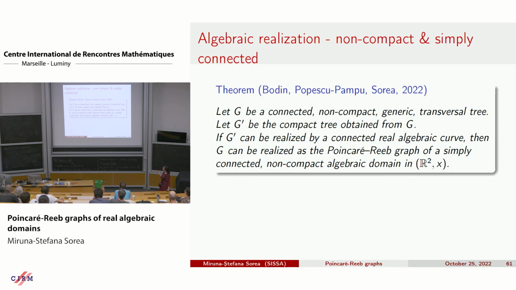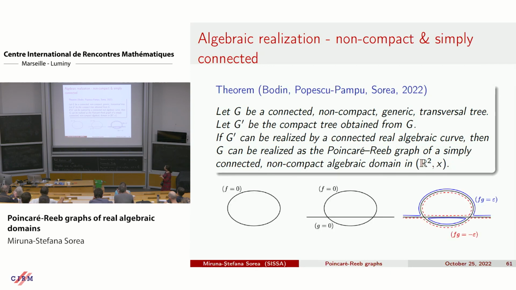In the case where you are given a graph that is connected, non-compact, transversal, by using the first result, we could also extend the realization theorem. But maybe the next picture can show you. The idea is that we want to add branches, and this is quite a classical idea in real geometry.